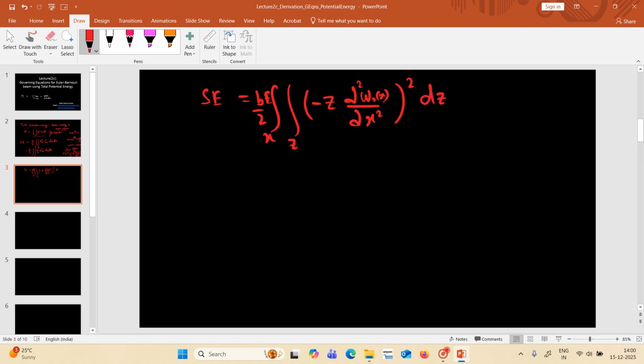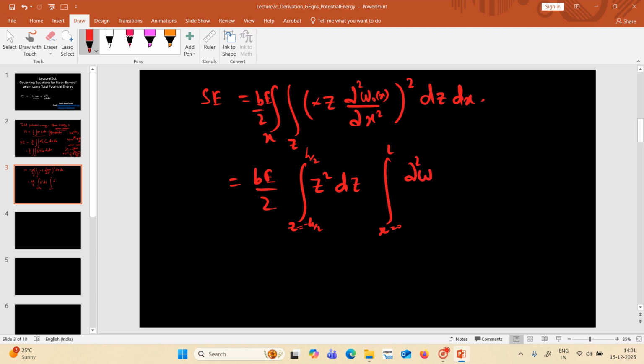Now we can write b by 2, and we just separate the z integral. If we square here, we will get it plus only, so z square dz, from minus h by 2 to plus h by 2. And here it would be the integration from 0 to L of del 2 w naught of x by del x square, whole square, because here it is power 2, dx.